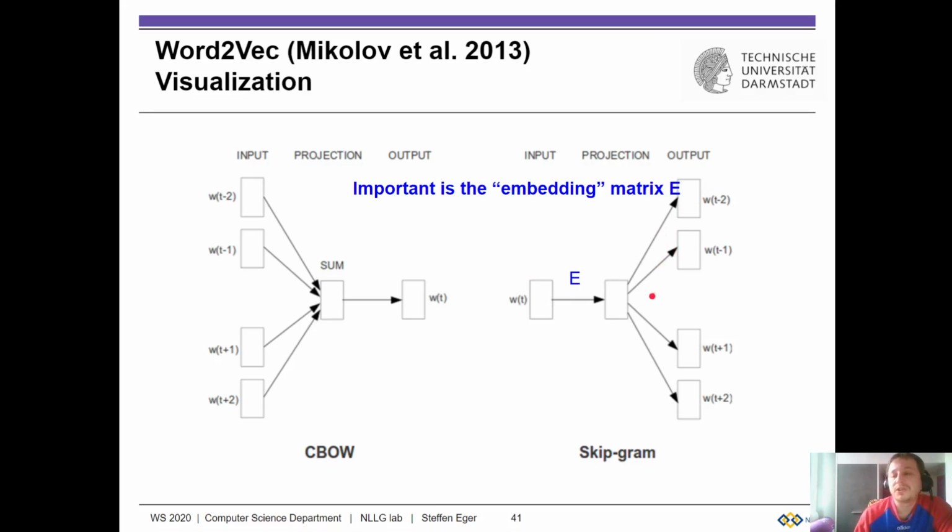We don't actually want to predict the output, we only want to have this embedding matrix. Because this embedding matrix actually stores the vector representation of this input word, right? Because what we want, as I said, the motivation, is to get an input representation. So this embedding matrix stores the input representation for the word with index I.